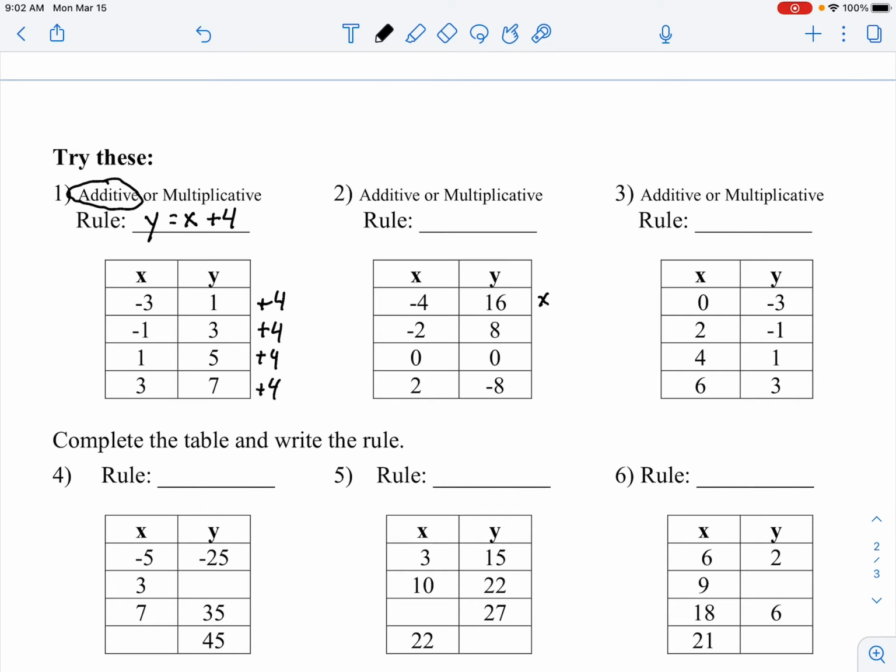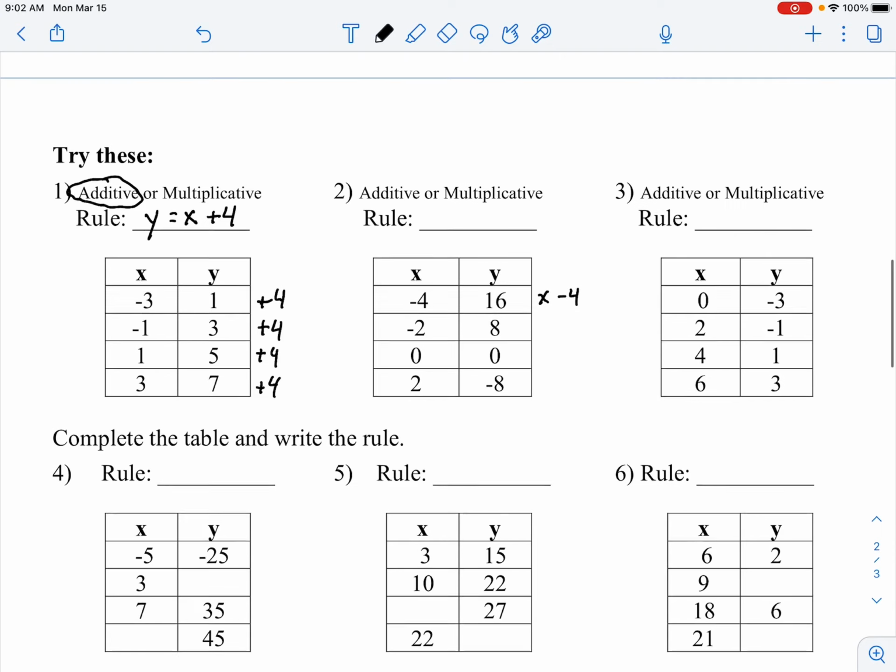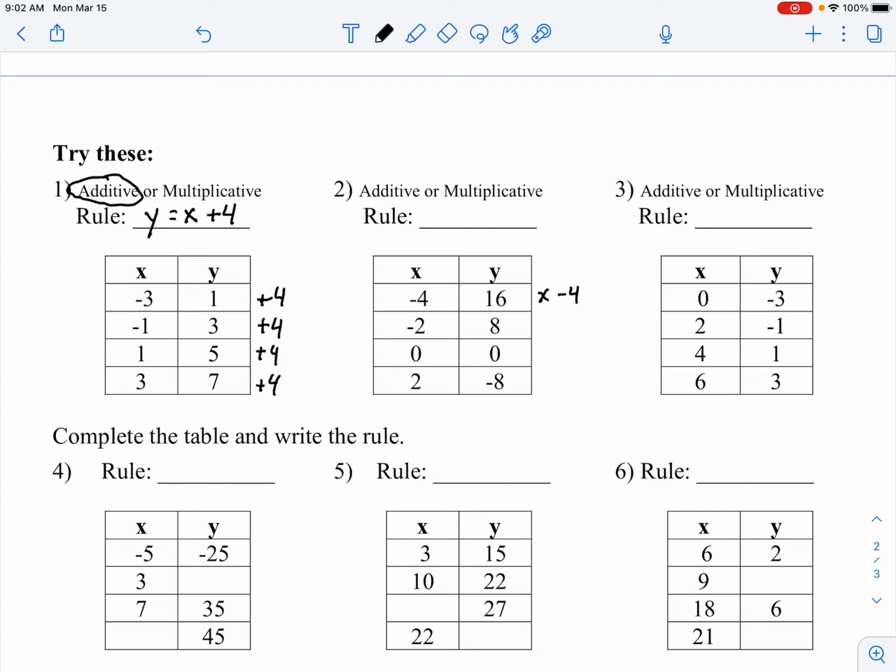How do we get from -4 to 16? Well, we times by -4. How do we get from -2 to 8? We times by -4. How do we get from 0 to 0? Well, you can times 0 times anything to get back to 0, so we can say we times by -4 in that case.